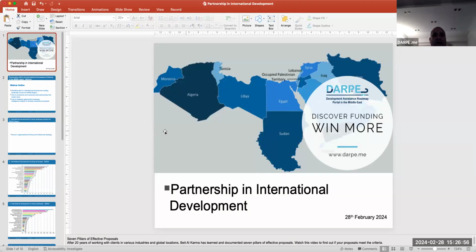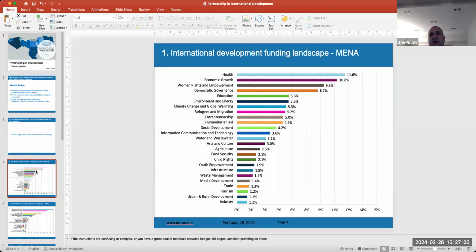So what we can see in this slide, for instance, is where the money has been spent in terms of development sectors across the MENA region. We have done an average study. There are some limitations to this study. First, it's not per country, it's an average of the MENA region, so you might find plus or minus differences.